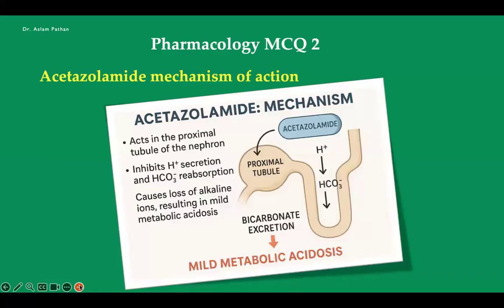Acetazolamide acts in the proximal tubules of the nephron, inhibiting hydrogen ion secretion and bicarbonate reabsorption. If the bicarbonate reabsorption is inhibited, it causes loss of alkaline ions, resulting in mild metabolic acidosis.